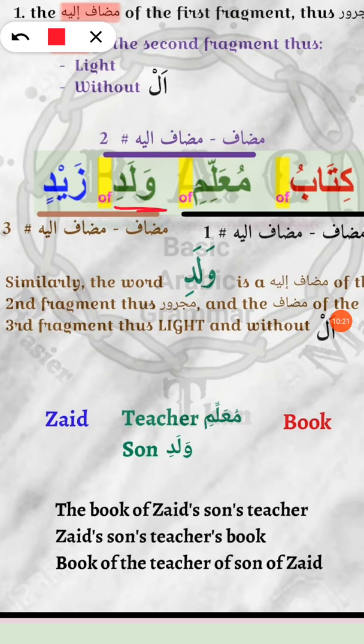Now this waladi is the Muzaaf Ilaih for the word muallimi, and it is the Muzaaf for the word Zaidan. Zaidan is our final Muzaaf Ilaih, and it is jar, of course. Being Muzaaf Ilaih, it has to be jar. And the word waladi is the Muzaaf Ilaih for muallimi and Muzaaf for Zaidan. So, kitabu muallimi waladi Zaidan.